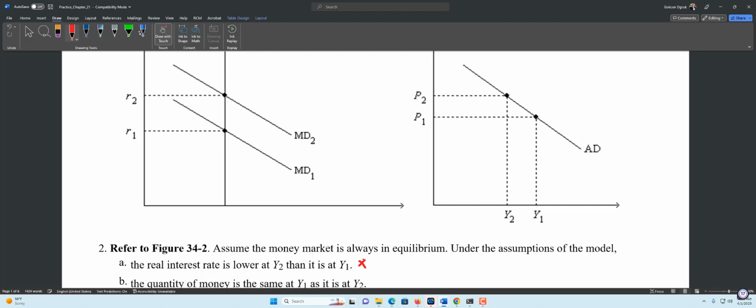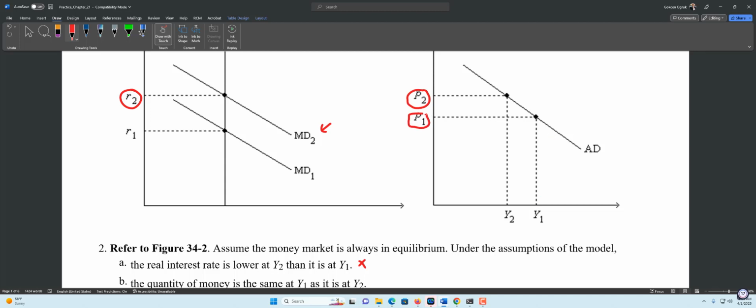So let me explain one more time. If we have the price level P2, then the money demand is going to be in the second line. Why? Because when the prices are higher, people need more cash to be able to buy the same goods and services. And therefore, the interest rate is R2. When the output is Y1, the price level is P1, which is a lower price level.